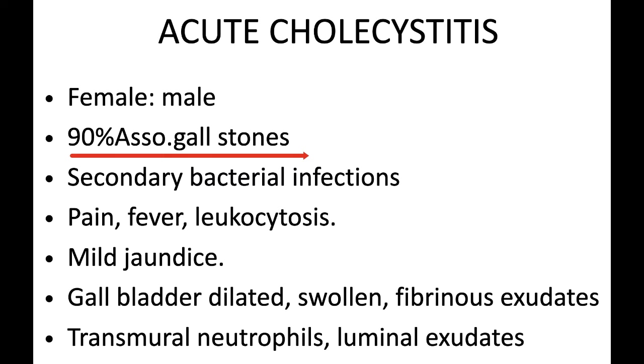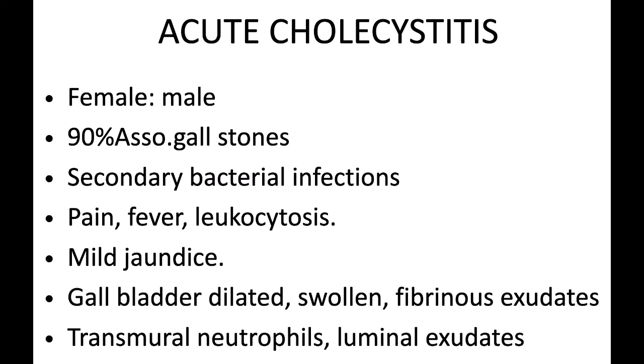Whenever a female aged more than 40 to 45 comes with pain in the upper abdomen, epigastrium, a colicky, spasmodic pain in the upper abdomen as well as epigastrium, it radiates to the right shoulder and to the back.